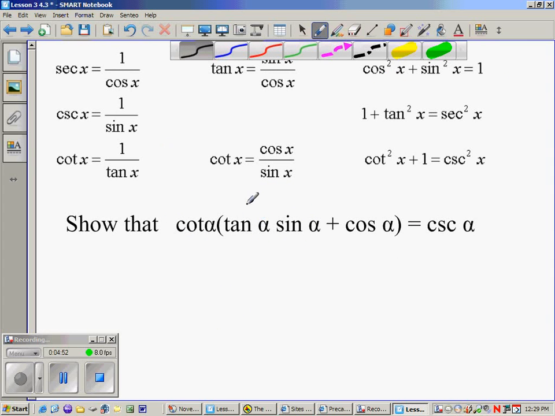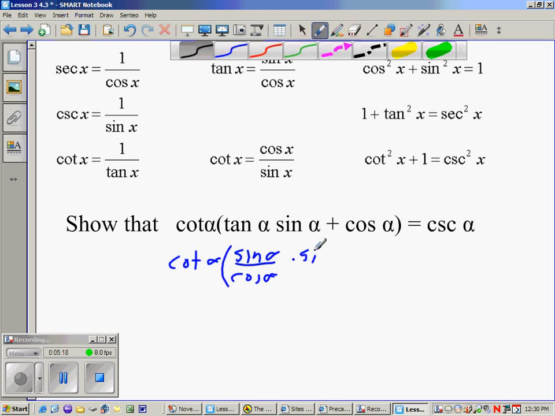Alright, for this problem, there are a couple ways we can approach this. We could distribute this first, or we could simplify everything in the parentheses and then multiply it by cotangent. I think it might be easier to simplify everything in the parentheses first. So let's try that. Tangent is going to be sine over cosine.